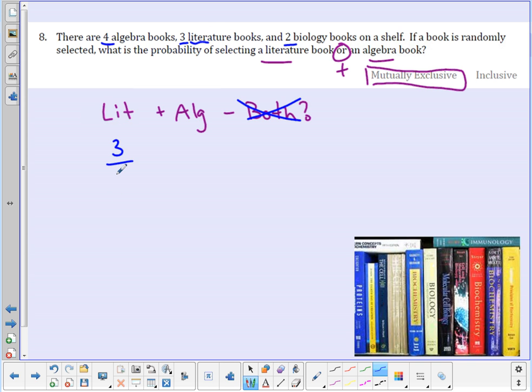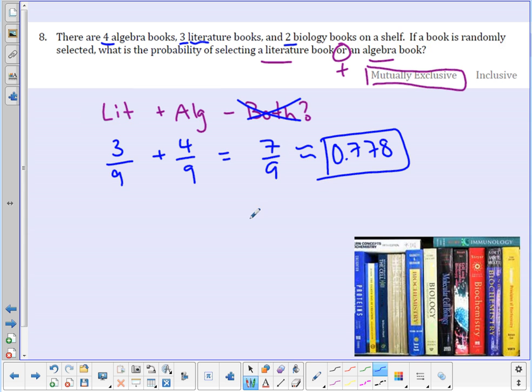So 3 out of 9 is the successes for my literature books. And then for algebra, 4 out of 9. When I add those together, I get 7 out of 9, which when I make that a decimal, it's 0.7 repeating, or if we round it to the third place, it'd be 0.778. Okay.